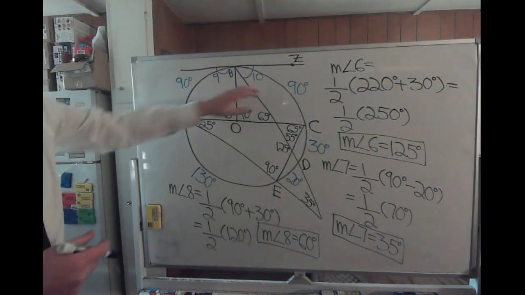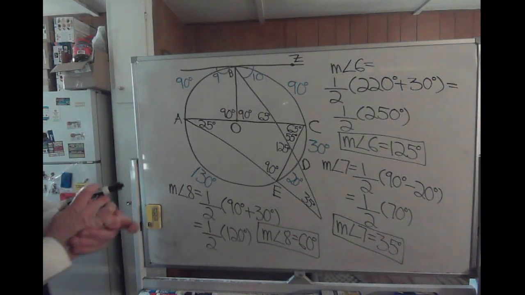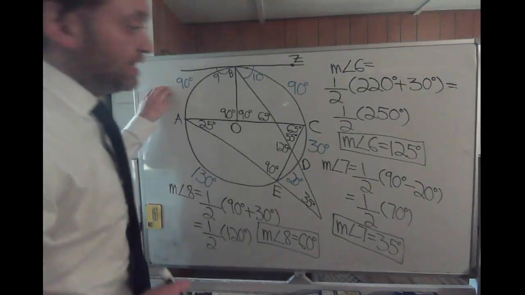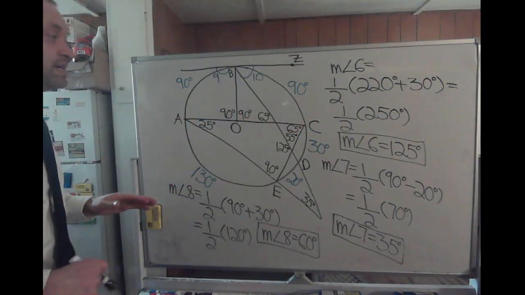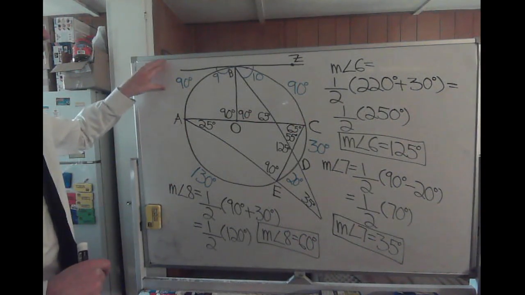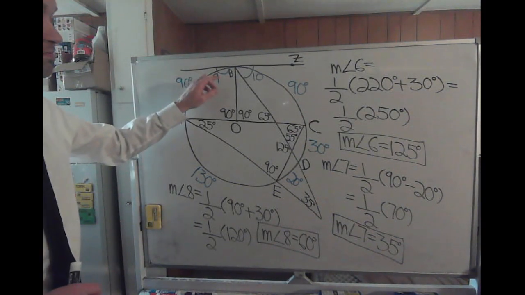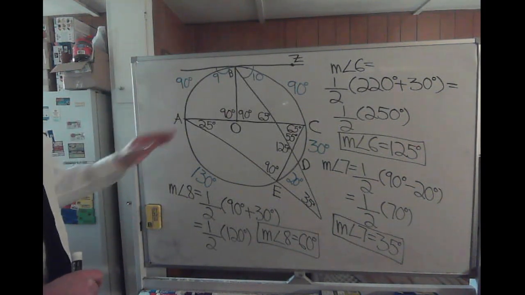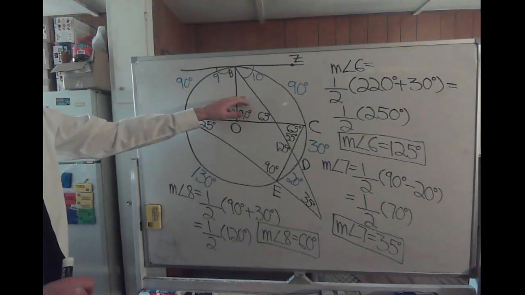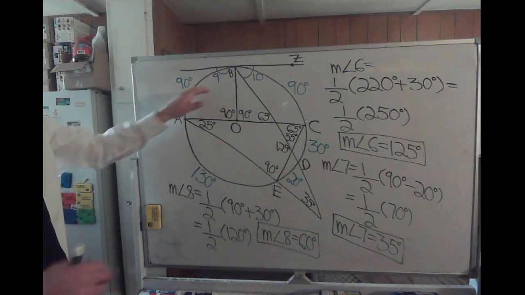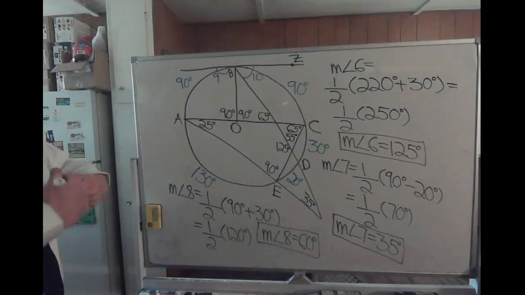Angles 9 and 10 are going to be the same. I'll tell you why. Because both arcs that they intercept are 90 degrees. We know if we have an angle formed by a tangent line and a chord on the circle, by a tangent and a chord, that it's equal to half the measure of the arc it intercepts.